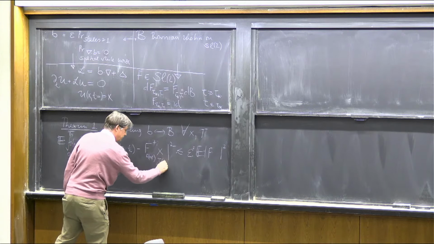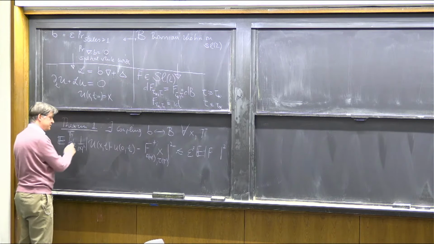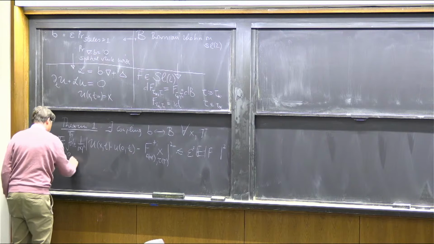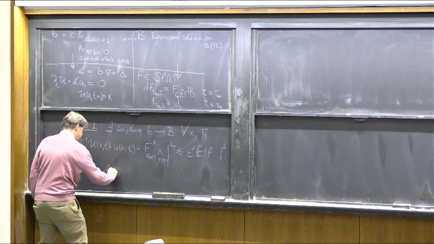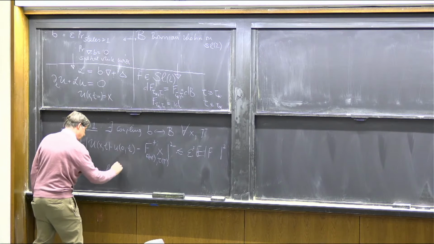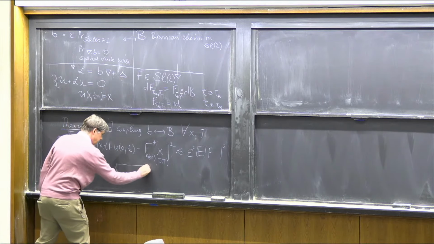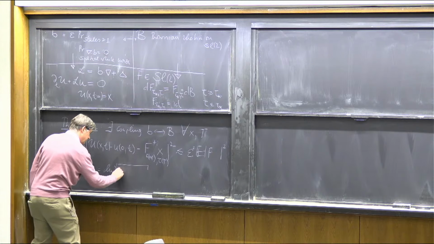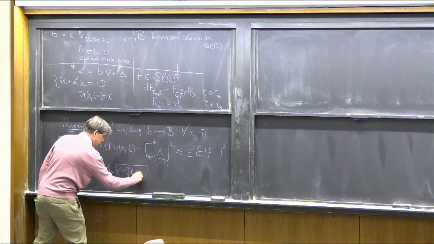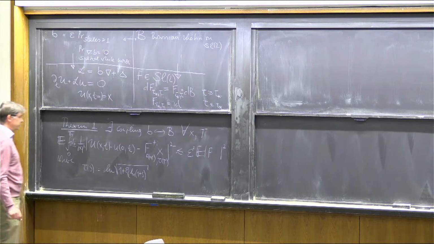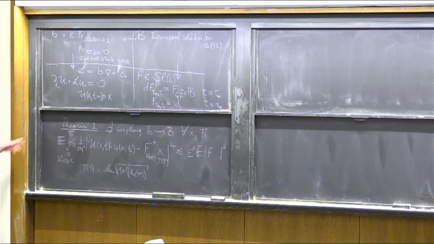And the second parameter depends on this time horizon, capital T, where tau of s was defined as a double logarithmic, iterated logarithmic expression, which I motivated at the very beginning, and which had this form here. So that was the main result.